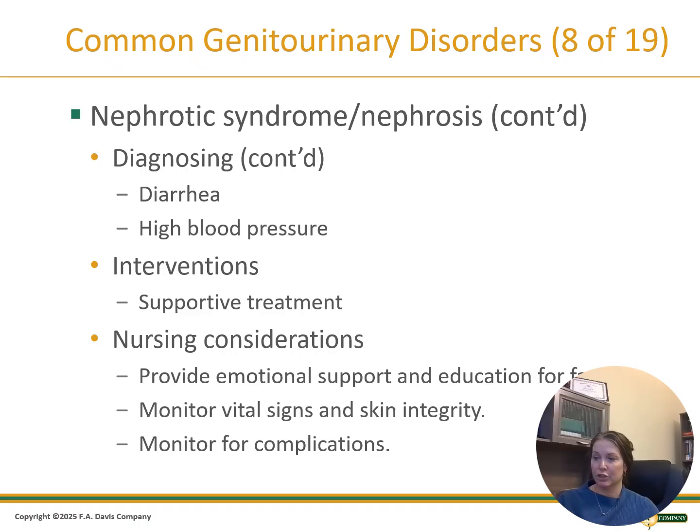The nursing considerations, we want to provide emotional support for this child and educate their family on how to cope with this. So monitoring their vitals and the skin integrity. We would see issues with the skin integrity from the edema.